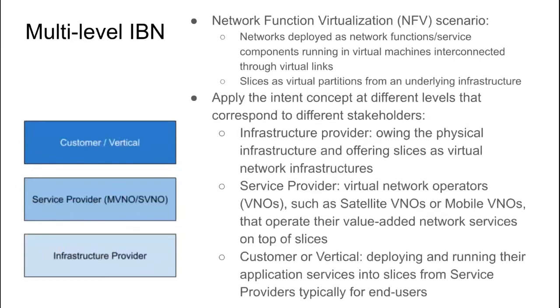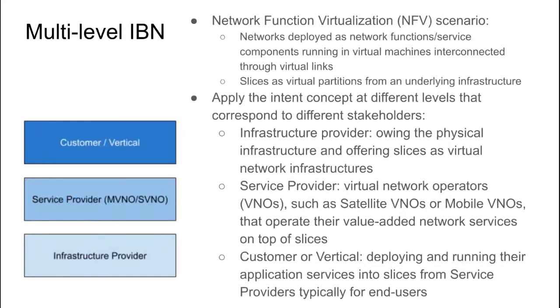So let's come to this idea of a multi-level intent-based networking system that we are considering. As I said, we are focusing on an NFV scenario where the network is deployed as a composition of network function and service components that are running as virtualized objects like virtual machines, containers, and so on, interconnected through virtual links.